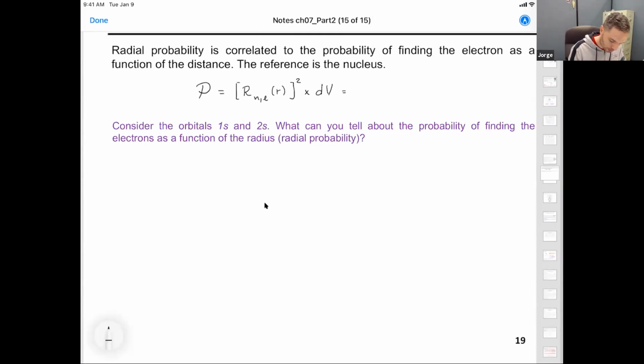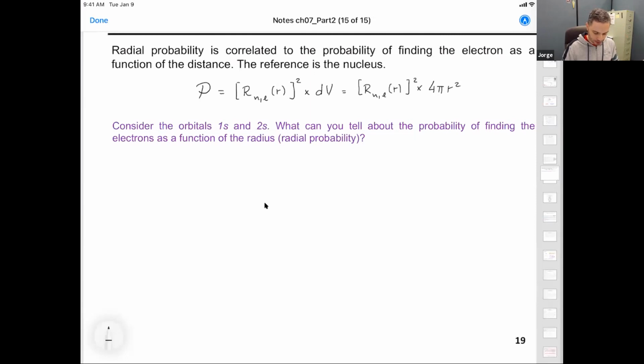So that's going to be equal to the radial wave function squared. The derivative of the volume of a sphere is 4 pi r squared. And that will give us the probability, and we are going to graph it as a function of the radius.